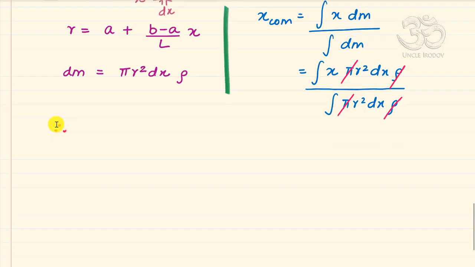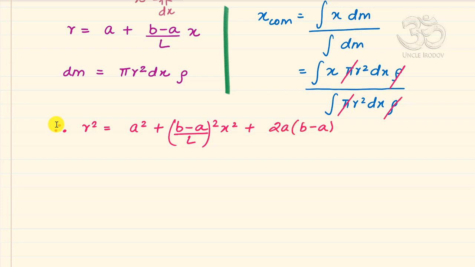Therefore r square will be a square plus b minus a by L whole square times x square plus 2a into b minus a divided by L times x.